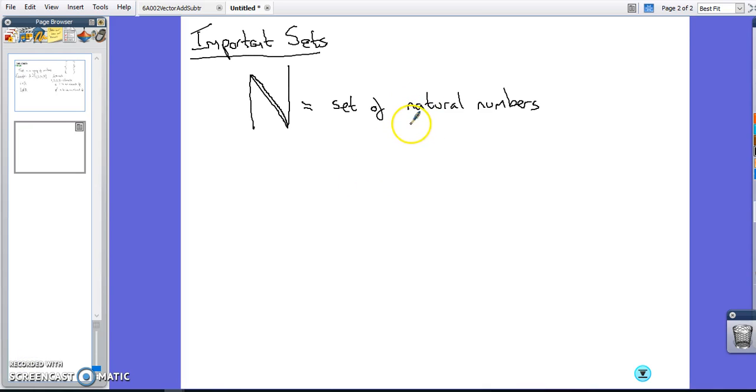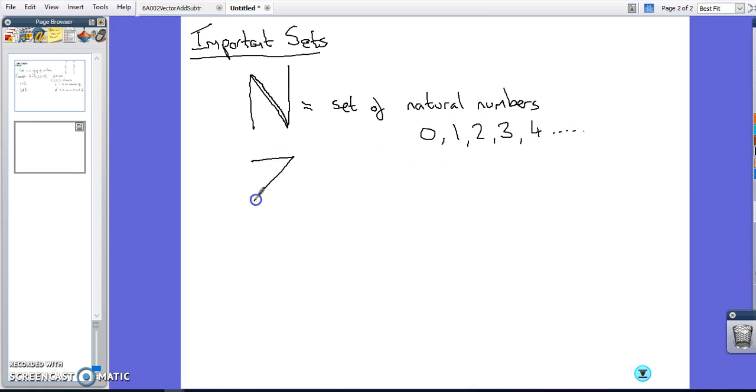So we have, for example, the numbers 0, 1, 2, 3, 4, etc., which are all elements of the set N, the set of natural numbers. So this is the counting numbers starting from 0. And you'll notice that they're all positive numbers.